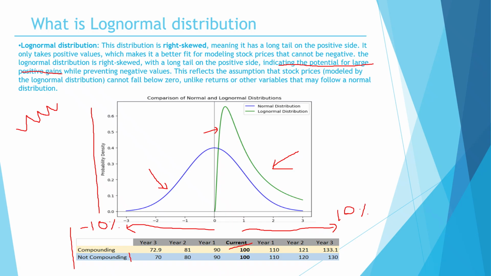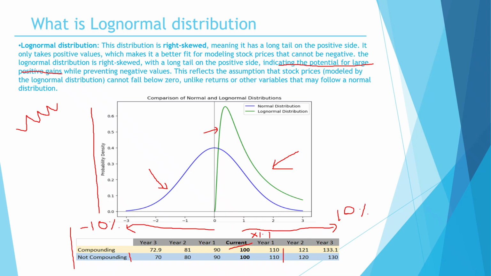if I have a 10% increase, I will multiply by this factor 1.1. I will multiply 100 by 1.1, and the resultant number will be 110. That is in year one.